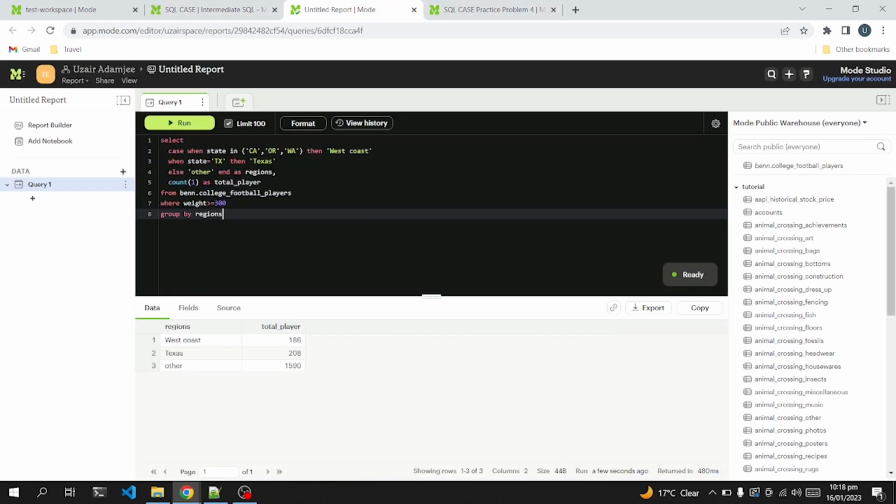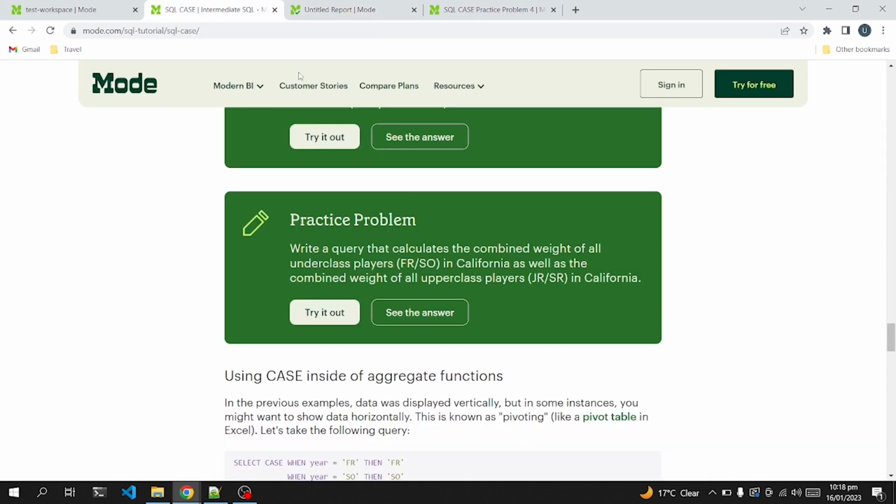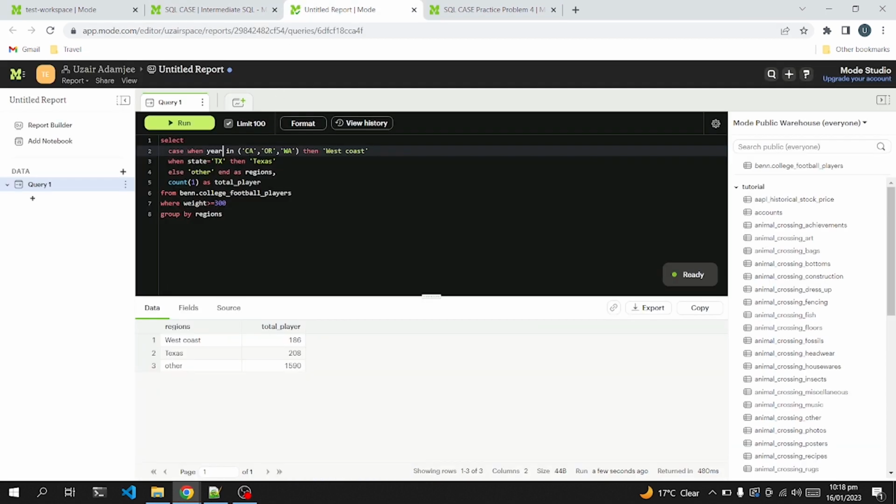So in this, we will be using year in FR and SO, then mark as underclass, else year in SR or JR.